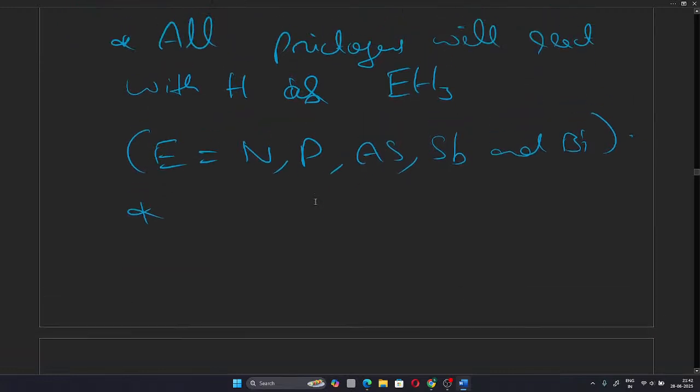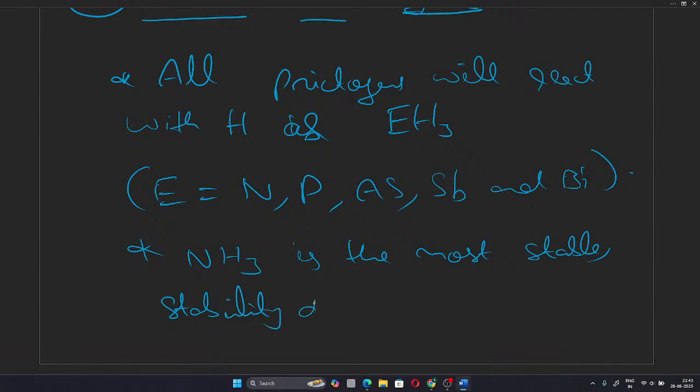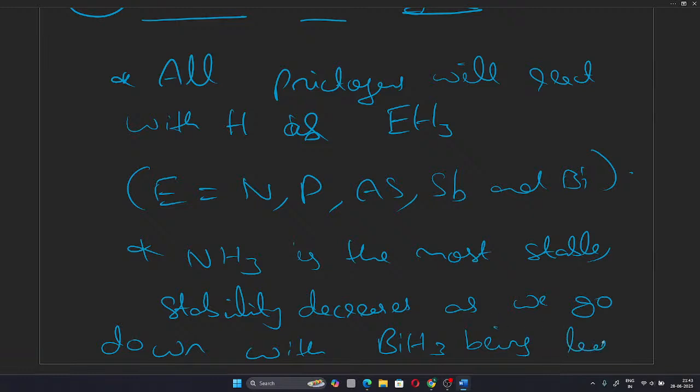And as for the second point, stability, NH3 is the most stable. Stability decreases as we go down, with bismuth hydride being least stable.